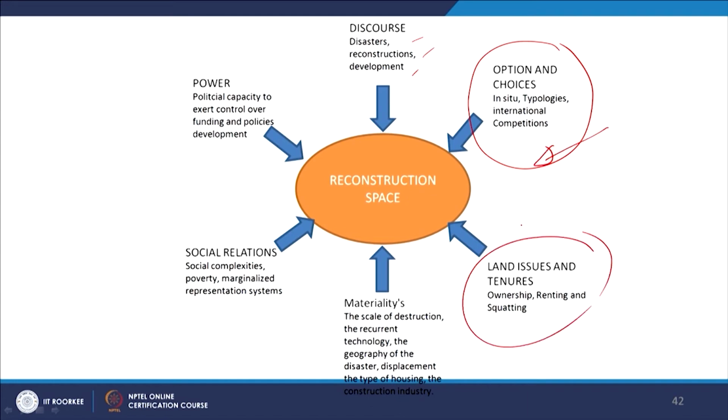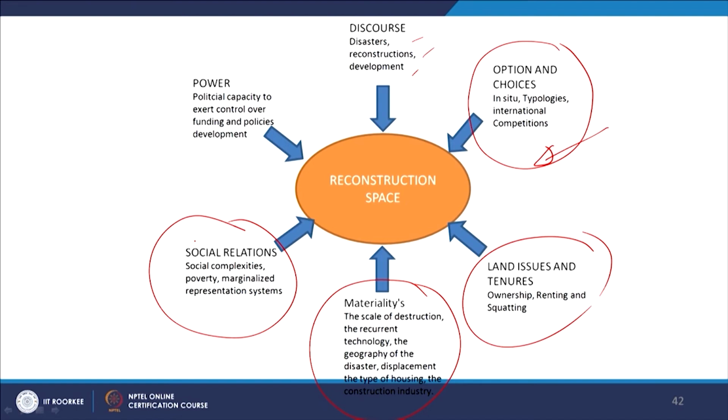Land issues and tenures, which I just discussed with you: ownership, renting, and squatting. The materiality, the scale of destruction, the recurrent technology, the geography of a disaster, the displacement, the type of housing, and the construction industry. The social relationships, the social complexities, the poverty. Poverty has a direct equation with disaster risk and vulnerability.